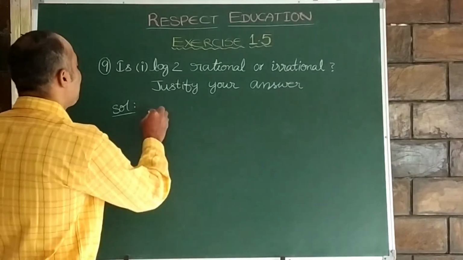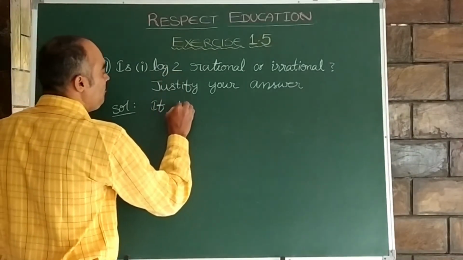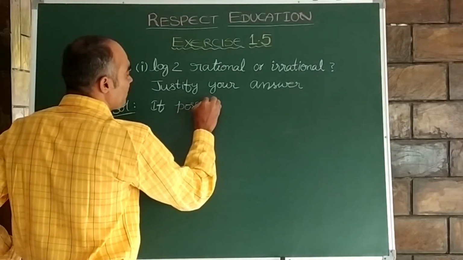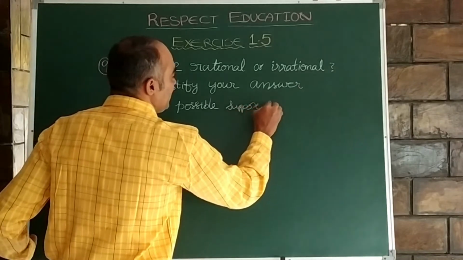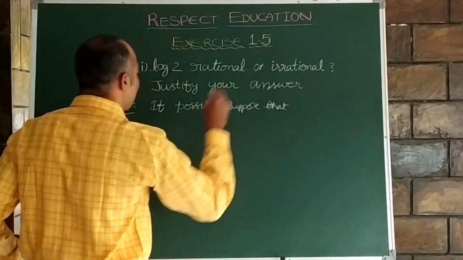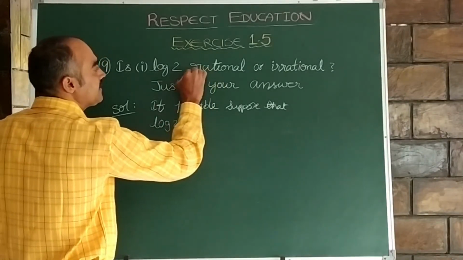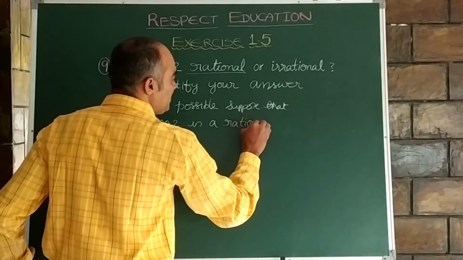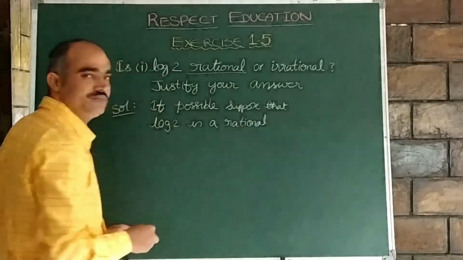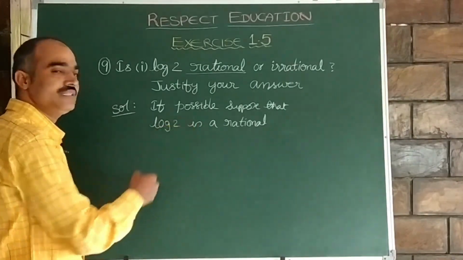So here let us consider, for example, we can say if possible, suppose that log 2 is rational. So first we just suppose, meaning assume, that log 2 is rational.